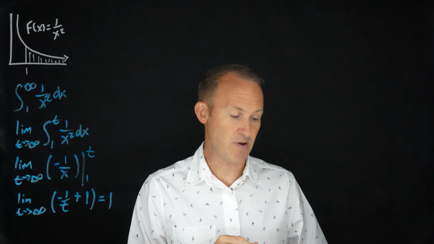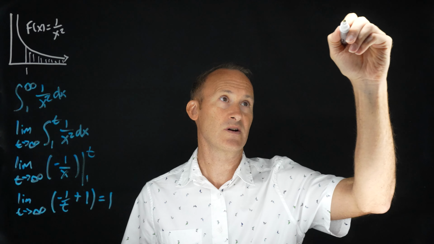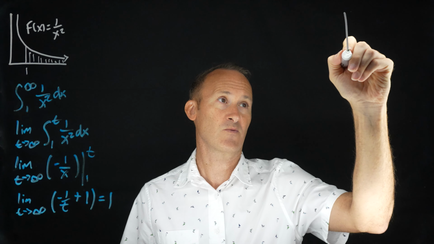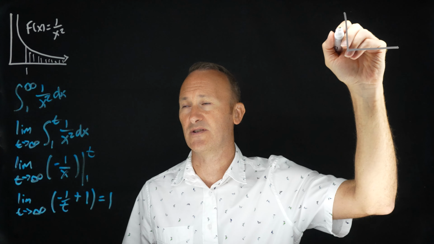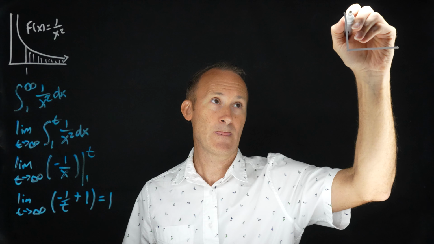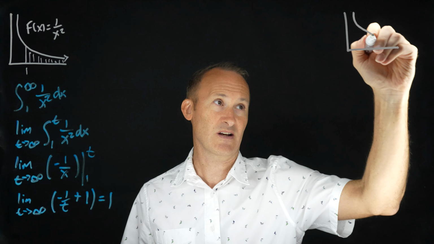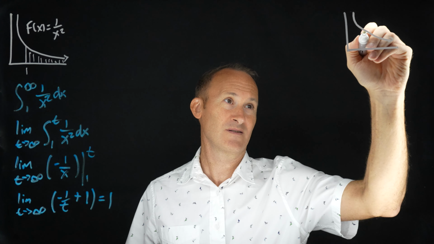Now, let's compare that with the following. Let's compare it with something very similar, and we're going to look at now 1 over x. Now it's hard for me to precisely draw the difference between 1 over x and 1 over x squared, so my apologies. They kind of do a similar thing. Not the best attempt, but what are you going to do?